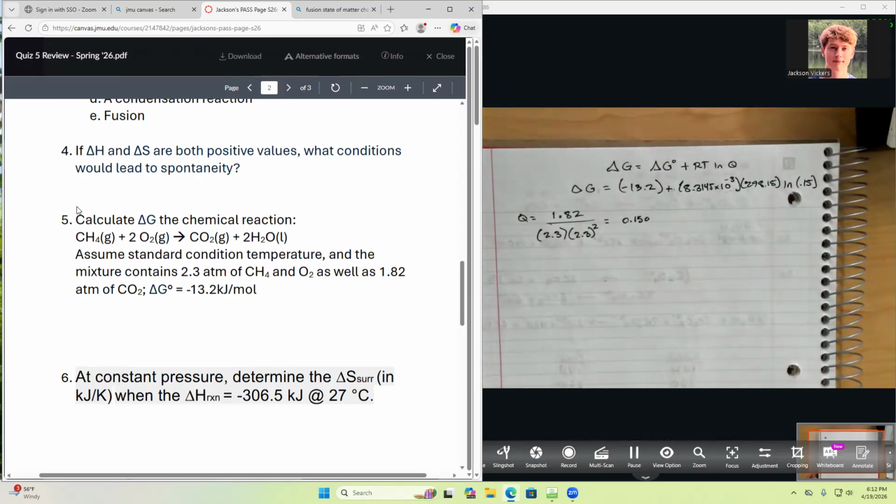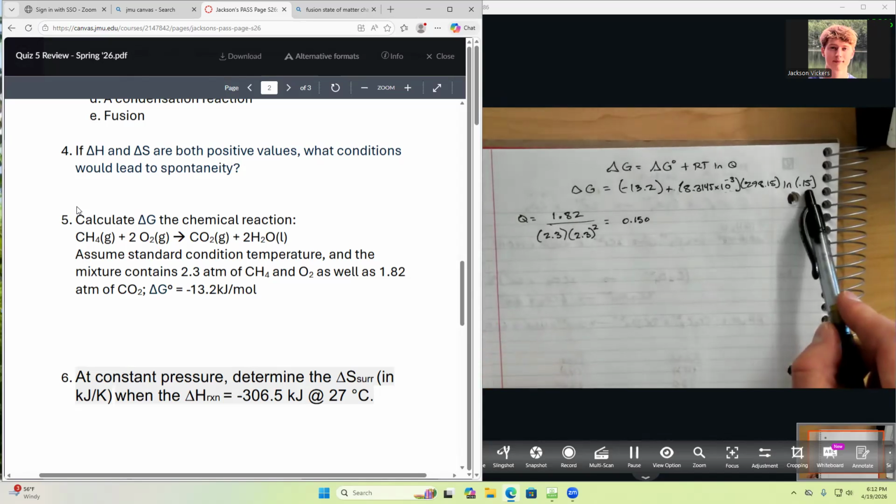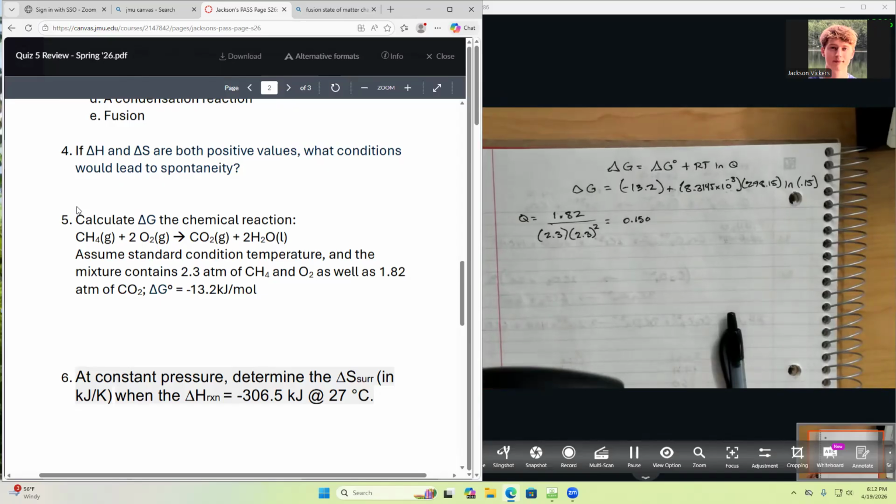Yes, exactly. So since liquid water is a product, it's not going into Q. Would you do ln first? Yeah, ln of 0.15 first, and then multiply it by those other things.